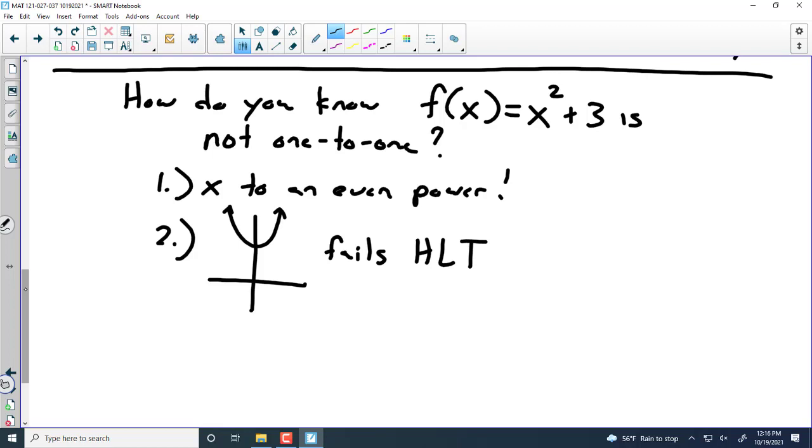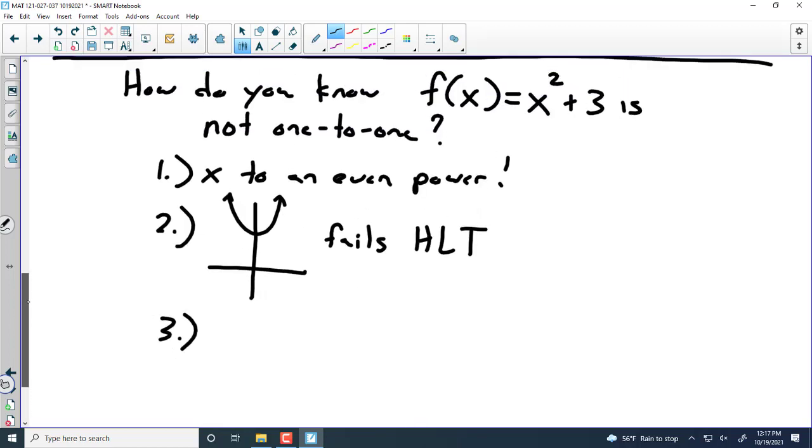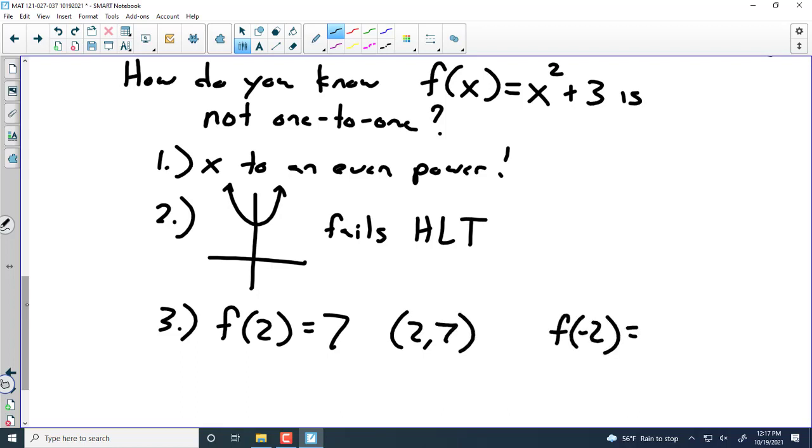Very good. Here's another way you can tell. What do I get if I plug a 2 into that function, everyone? 7. What do I get if I plug a -2 into that function? You still get a 7.